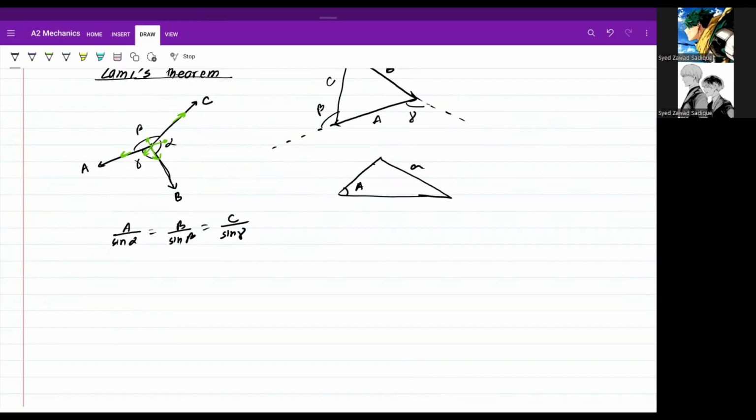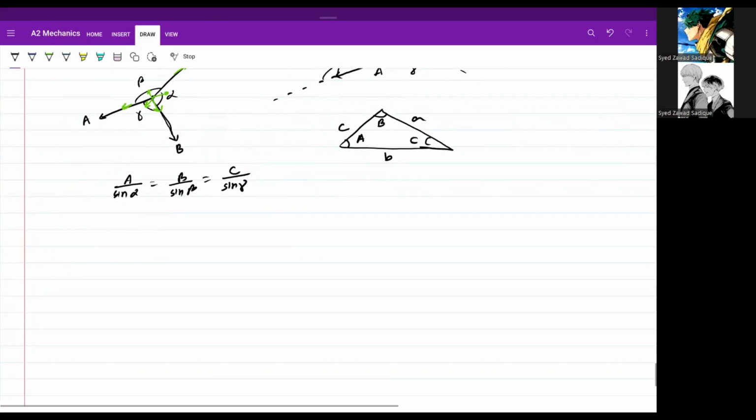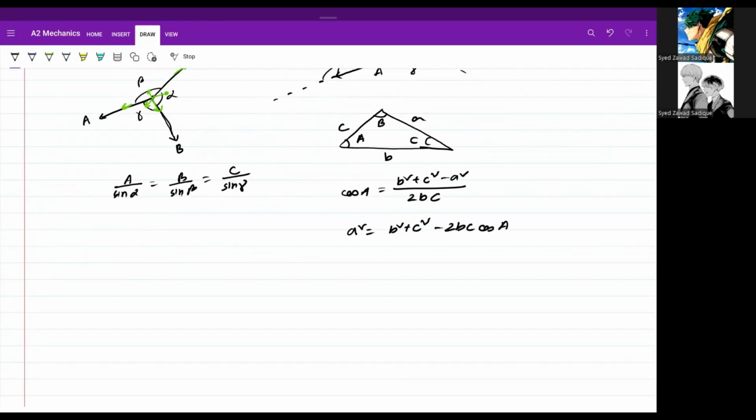This is angle B, and this is angle C. So A, B, C. The cosine rule states cos A equals B squared plus C squared minus A squared, all over 2BC, which can also be written as A squared equals B squared plus C squared minus 2BC cos A.